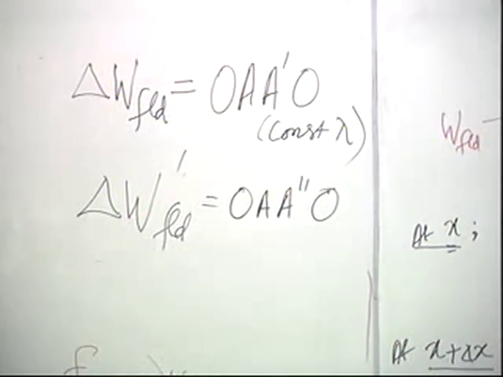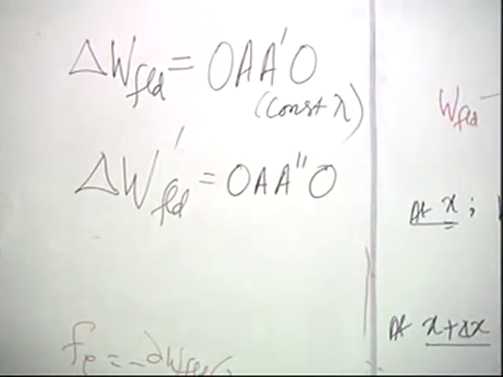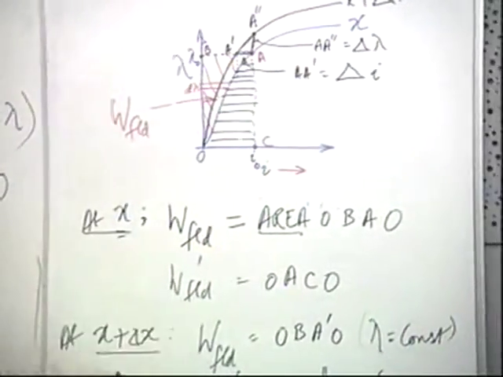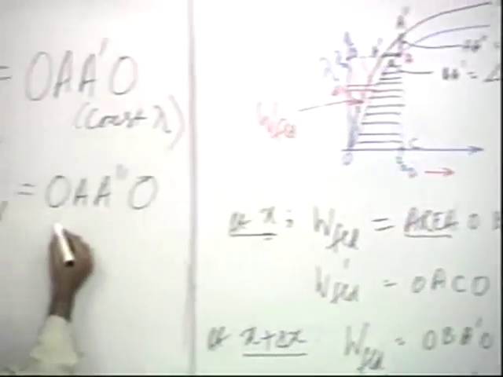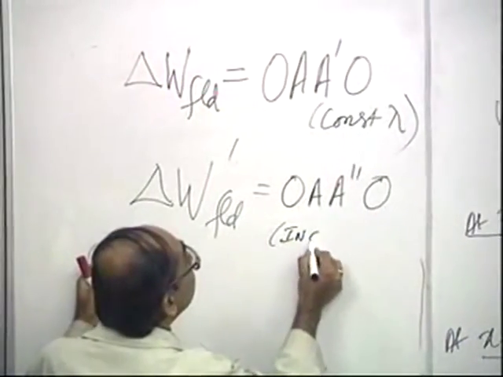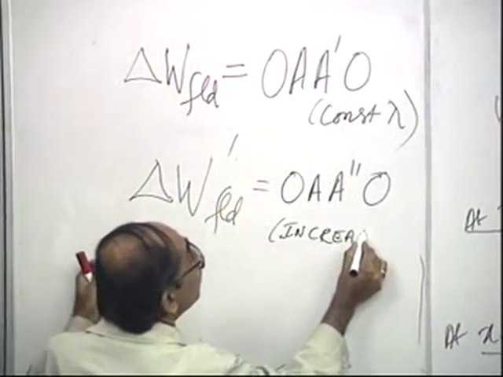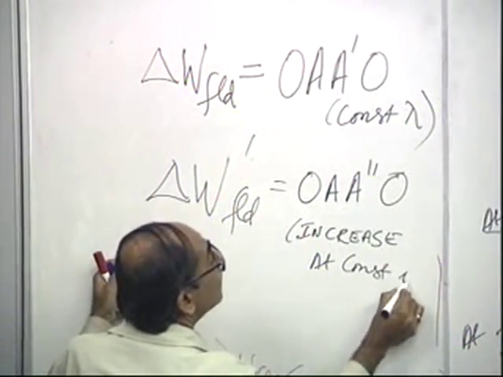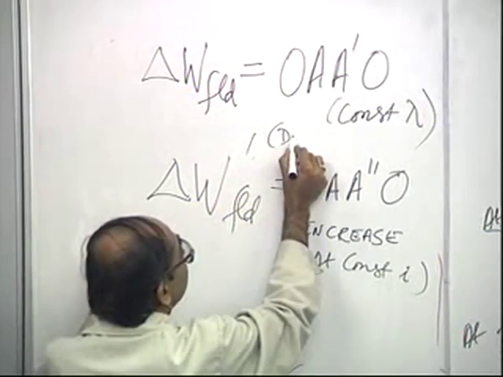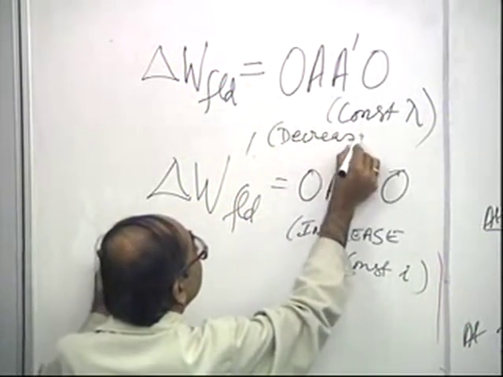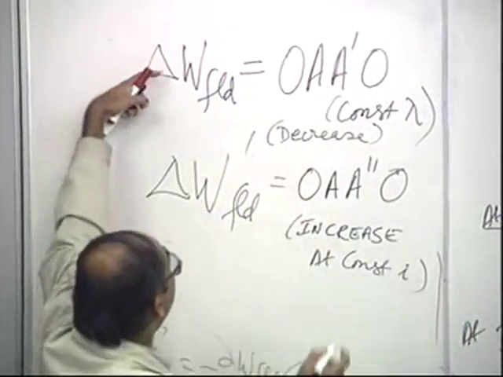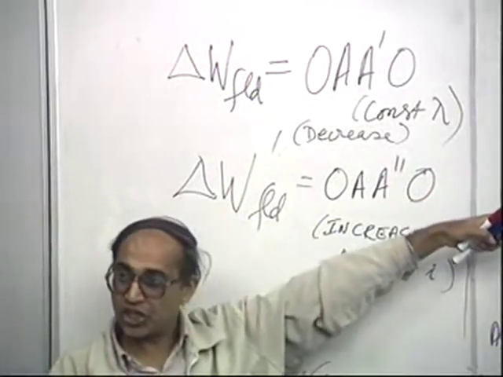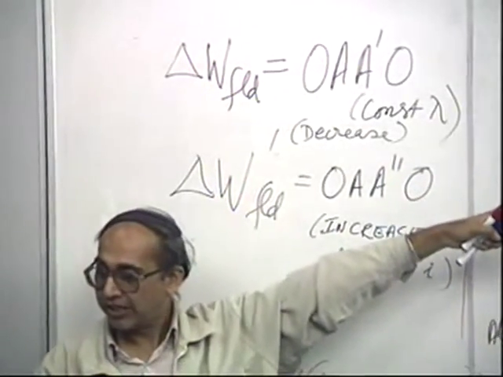Now we were saying that these two areas, you will see in one case it is an increase in co-energy. This is an increase at constant I. This stored energy is a decrease, whereas co-energy is an increase as X changes.